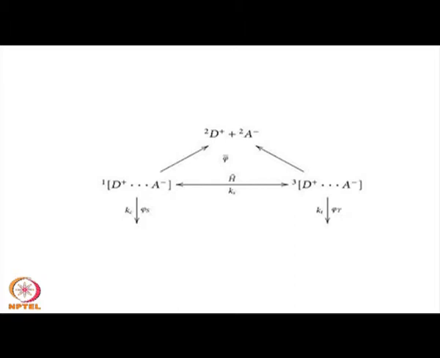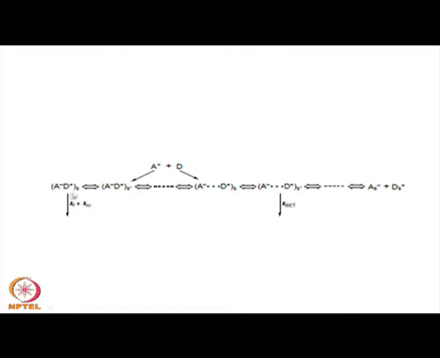This is actually expressed over here, that you have this A star, excited A, as I told you that in case of exciplex, A star is the acceptor in the excited state, and you have the donor in the ground state. So, this is giving rise to acceptor minus D plus in the singlet state, or maybe it may be in the triplet state as well.